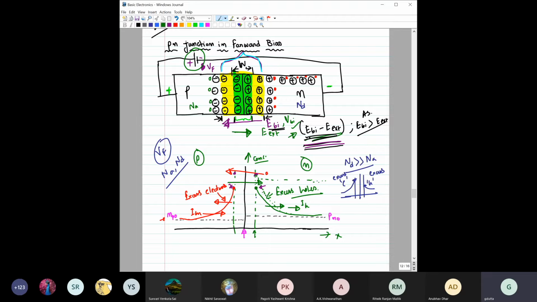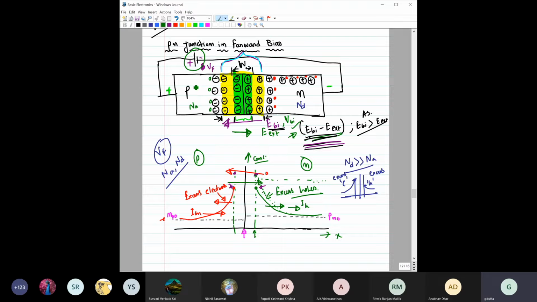For example, you can consider this barrier as the barrier of a dam, right? If you reduce the height of the dam, what will happen? If you say the water is electrons, then the electrons will flow from the higher side to the lower side, and it will keep on flowing as long as the barrier is low and as long as there is a supply of water.